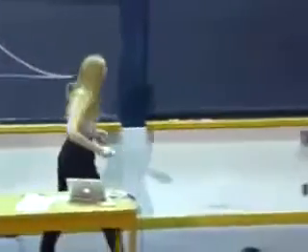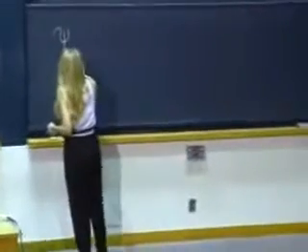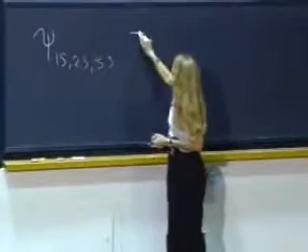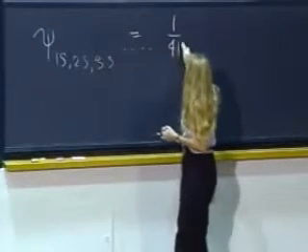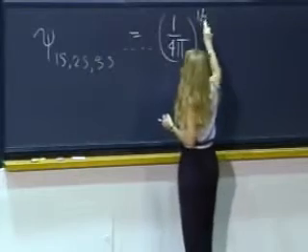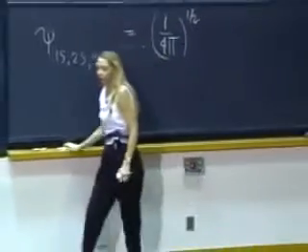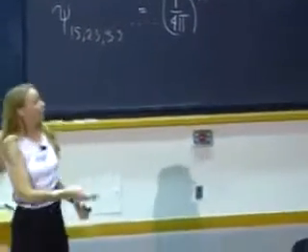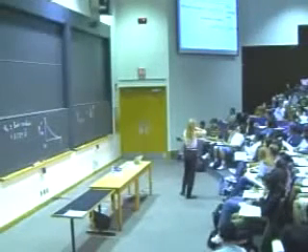Now, what you also have to remember is that the angular part for 1s, 2s, 3s, all s wave functions, was equal to 1 over 4 pi to the 1/2. All right? So if you square that, you're going to get 1 over 4 pi, and therefore the 4 pi's here are going to cancel for the s wave functions.